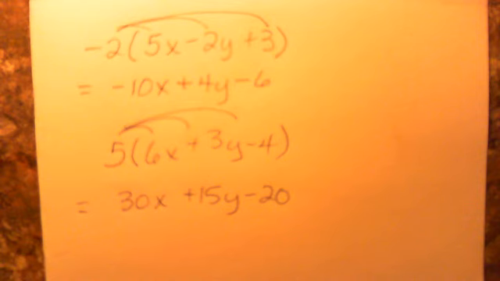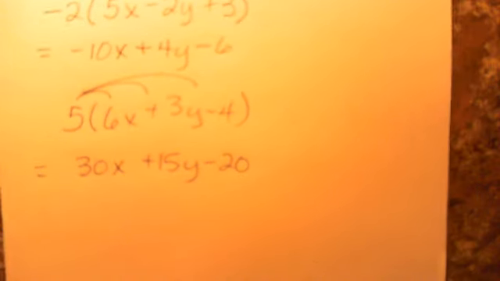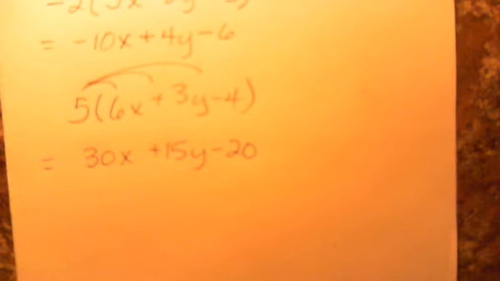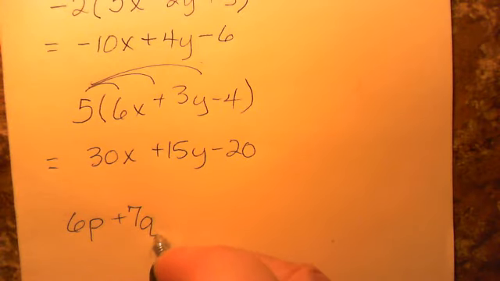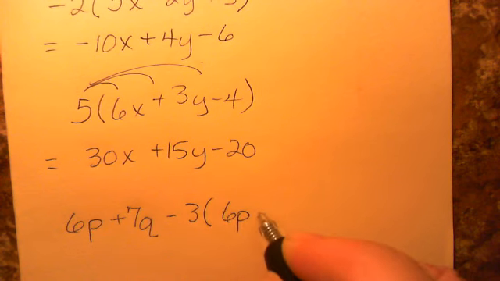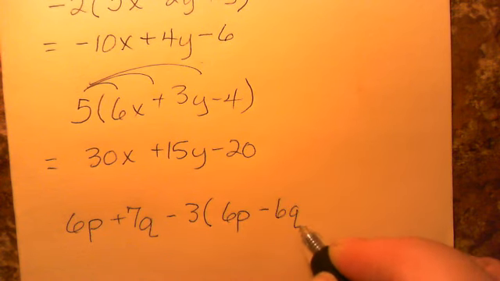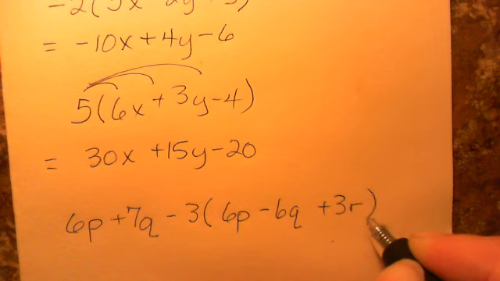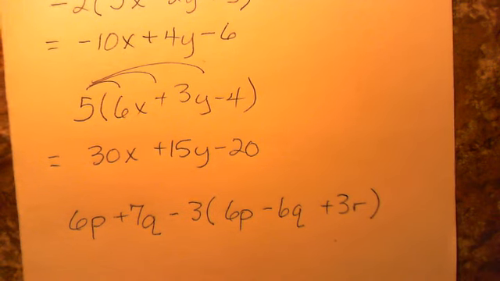Alright, here's a longer expression, but it involves some of the same distributing that we just did. A longer expression, 6p plus 7q minus 3 times 6p minus 6q plus 3r. We'll close the parentheses.